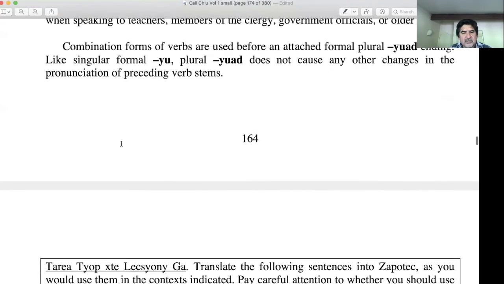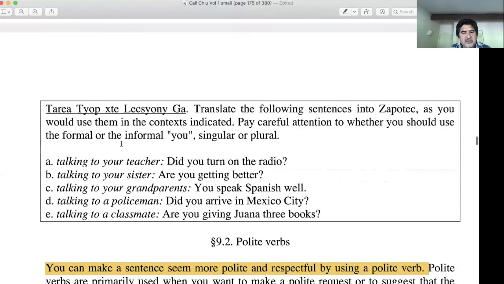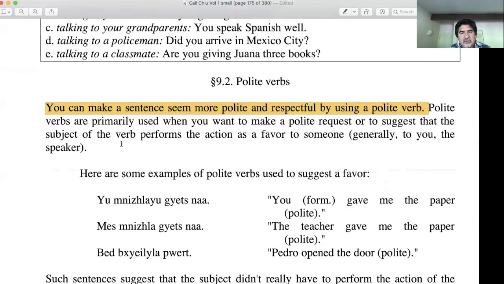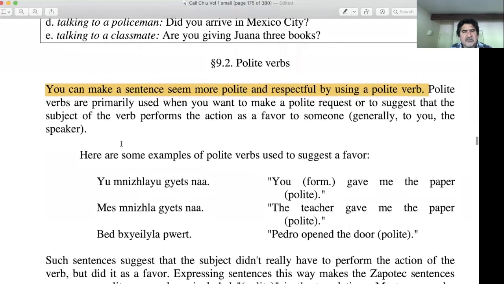So we're going to continue. I'm going to continue saying the words. We're going to do 9.2, polite verbs. You can actually be more polite if you're talking to an older person. You can make sentences seem more polite and respectful by using the polite verb.